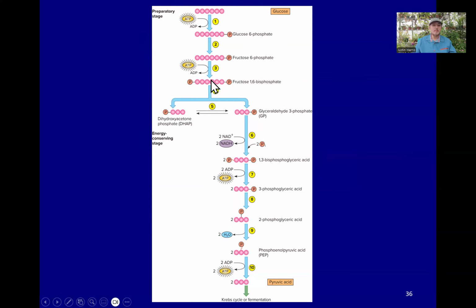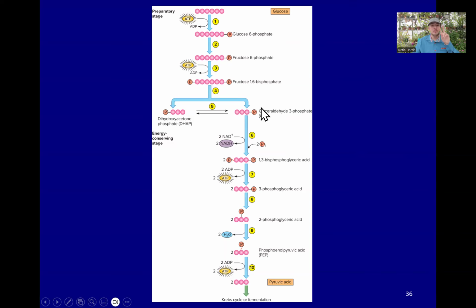Then at this step, we break this fructose 1,6-bisphosphate into 2 component molecules that are kind of mirrors of one another that can be isomerized or rearranged into one another. And so eventually they'll both become glyceraldehyde 3-phosphate. And there'll be 2 of these molecules because we've broken this from 1 into 2.